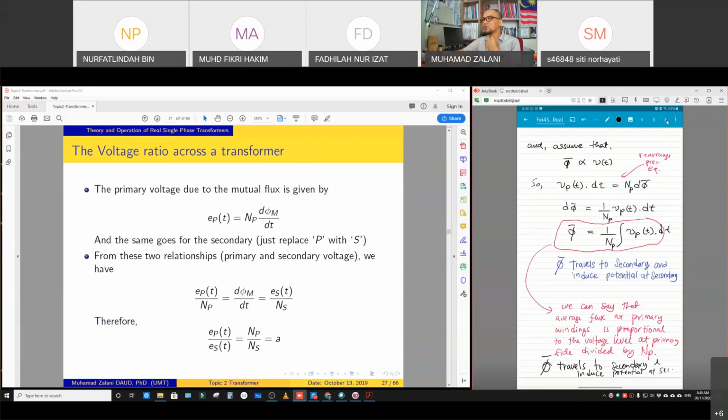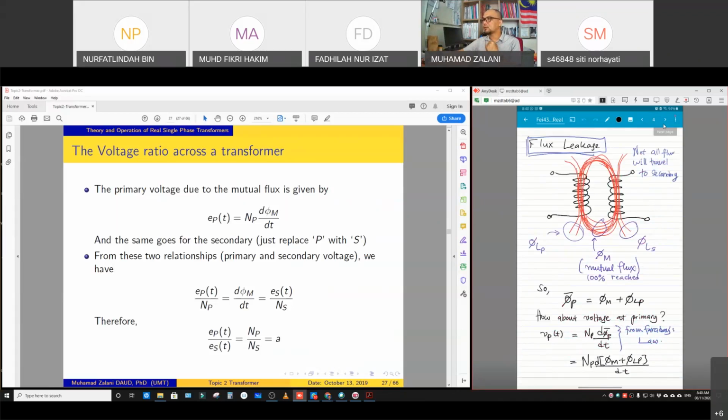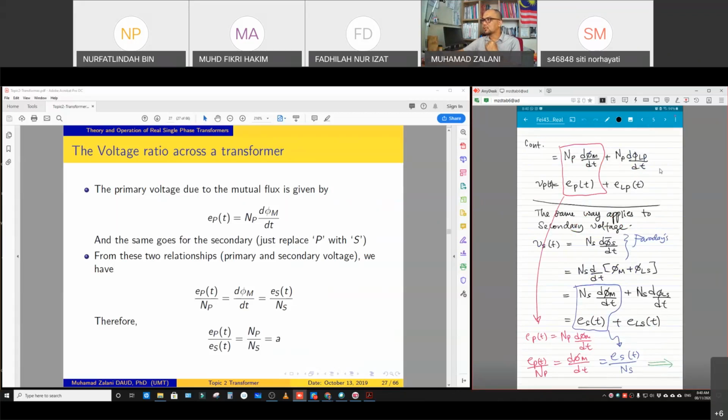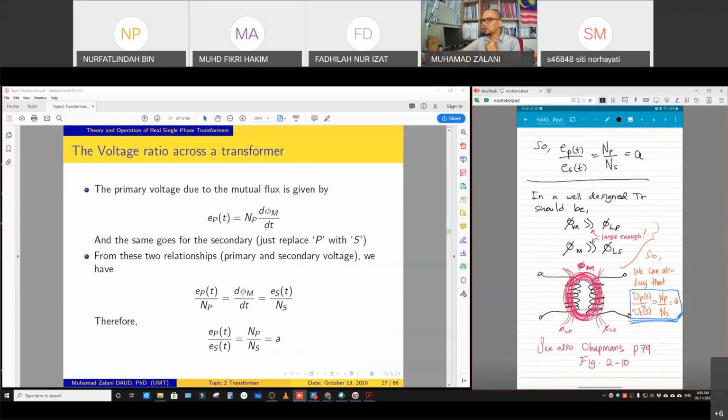Basically we can make the same assumption. Vp over Vs equals Np over Ns, which equals a. As you can see, the pattern we describe for the real transformer is almost the same as the pattern of the equations that we discussed in the previous lesson on the ideal transformer, right?